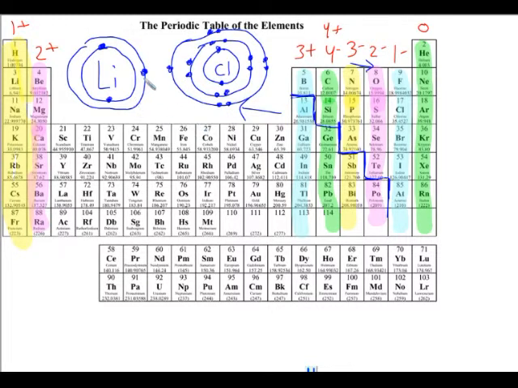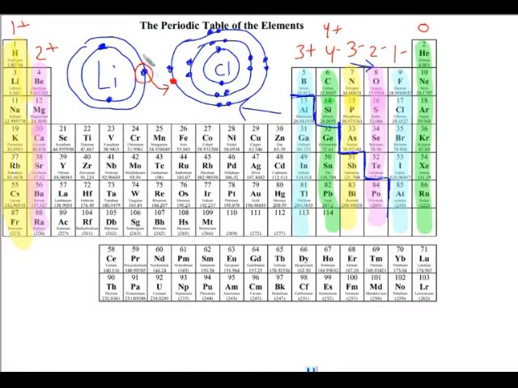Lithium wants to lose 1, so that way its first shell's full, and it's happy. Chlorine wants to gain 1, and so when these 2 things come into contact with each other, chlorine, Cl, is going to steal the electron from lithium.